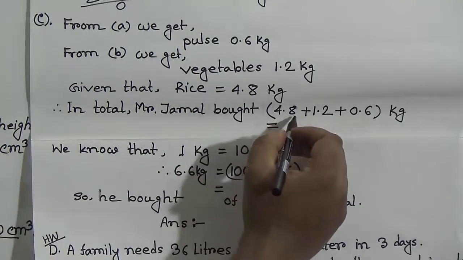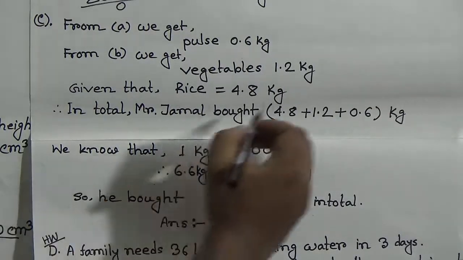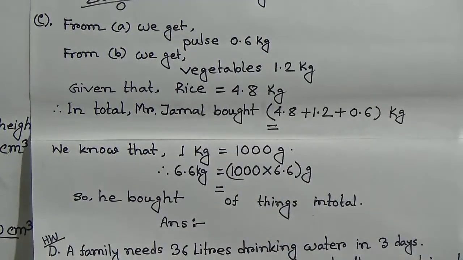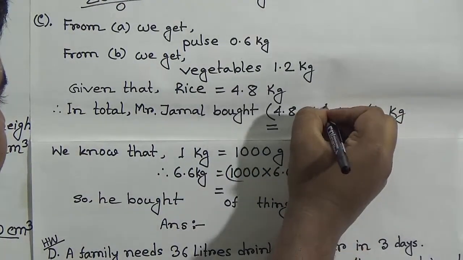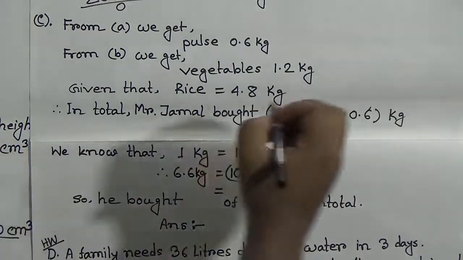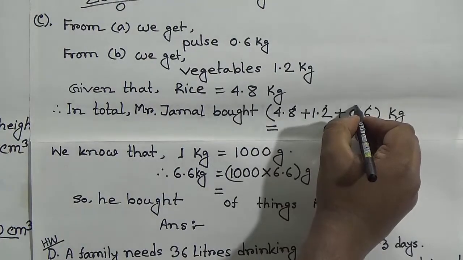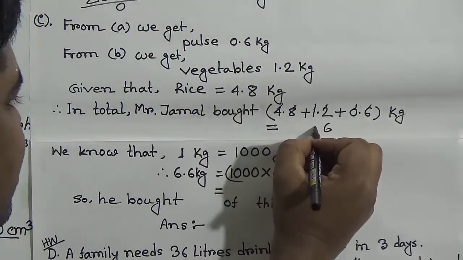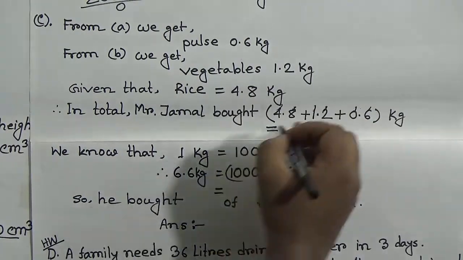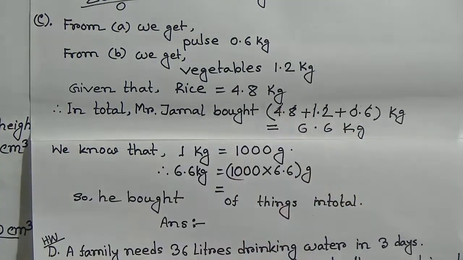That means 4.8 plus 1.2 plus 0.6. We notice that after point each number has 1 digit. So we add this first, 6 and 8, 14, carrying 1, and so on. So 6.6 kg. Now we convert this kg into gram and finally we get the answer.